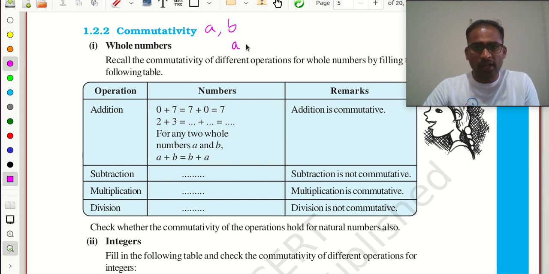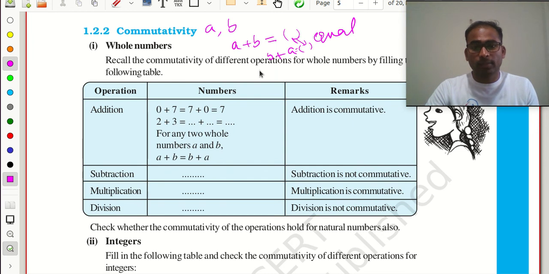If I add a and b, I will get a number, and if I do addition of b and a, I will get another number. These two numbers have to be equal. Then we can say whole numbers are commutative under addition.